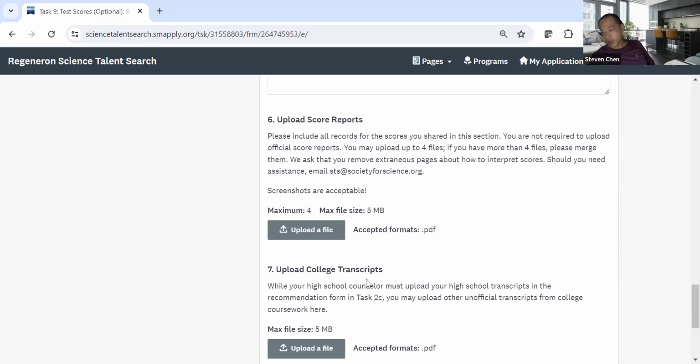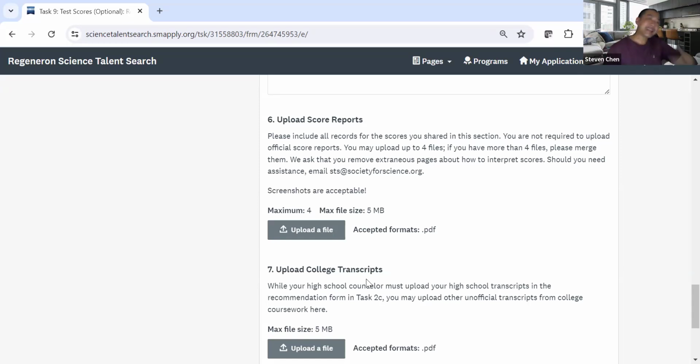What do they mean? Score reports are not your high school transcript. They are different. Your high school transcript shall be uploaded by your high school counselor, so that's your counselor's job. Basically, the STS system already has your high school transcript sent from your school counselor.